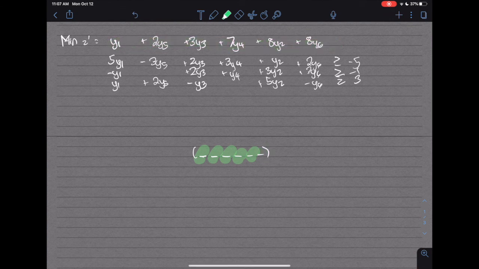And for now, assume that if it is a blank, its value is 0 until we quote-unquote finalize it. And the z prime value here is equal to 0 since currently all of them have a value of 0.